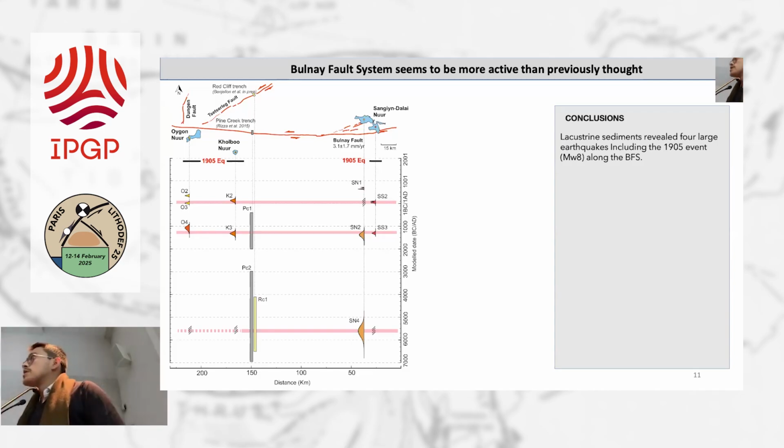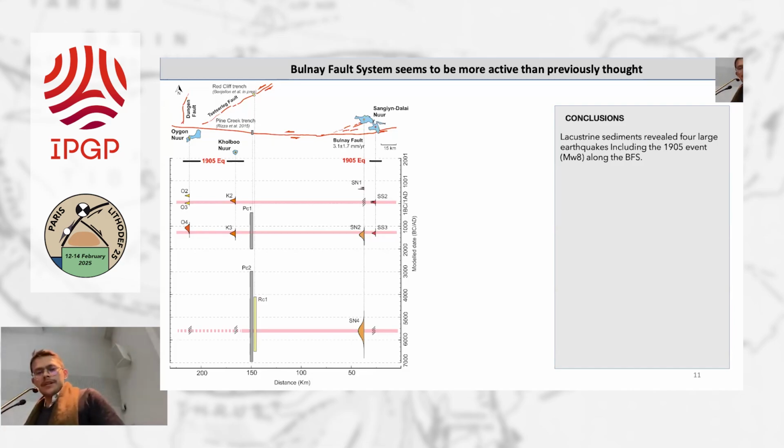We believe that this was a major earthquake, likely similar to the 1905 that involved both faults, and it was likely related to the creation of the lake that will eventually allow for the deposition of the silty sedimentary deposits in the lake.